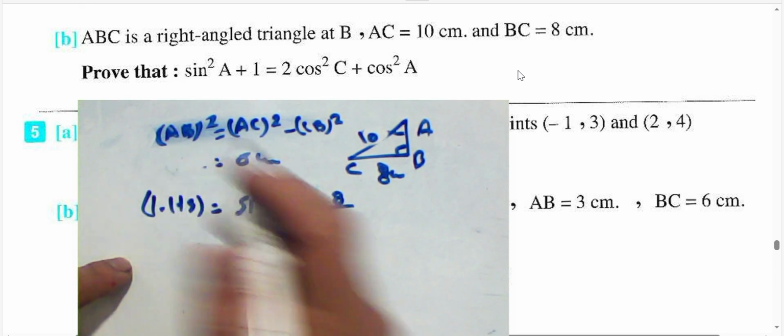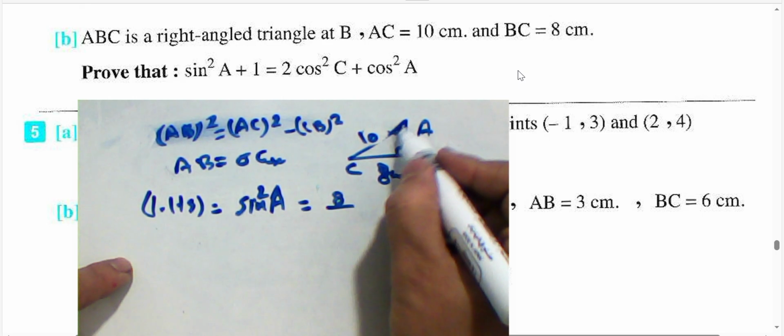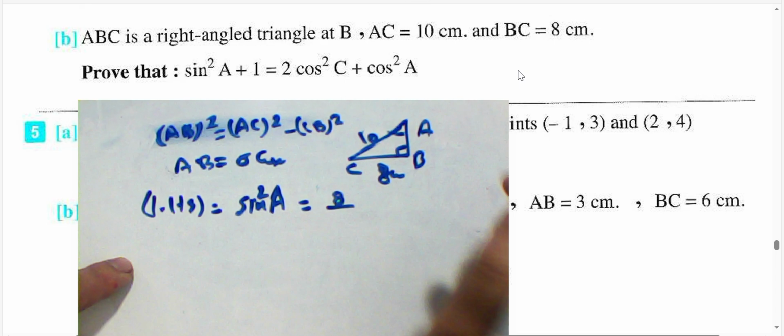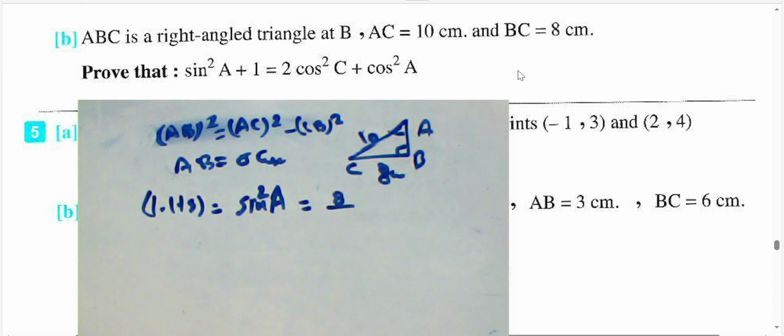Then AB equals 6 centimeters. The length of AC is 10 and BC is 8 centimeters. We can find the length of AB from the Pythagorean theorem.